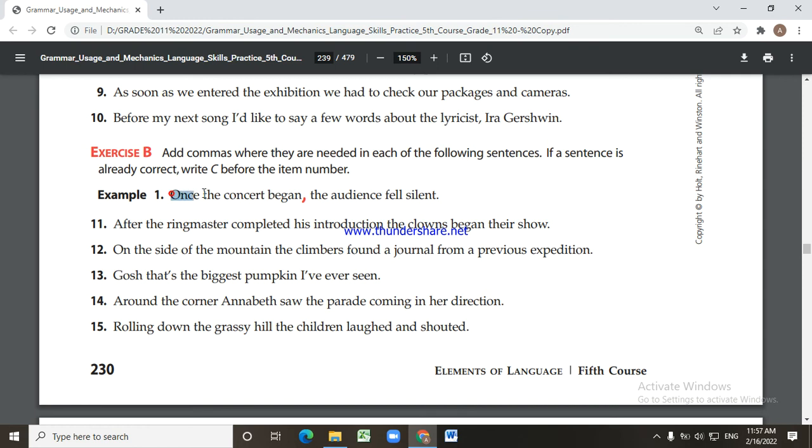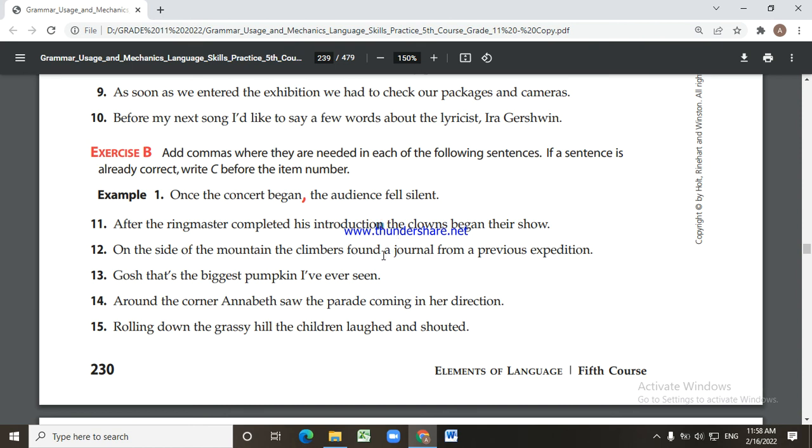Okay, we have another subordinate clause. Okay, number 1. Number 1. Yes, good. Yeah, after the word introduction, add a comma before that.